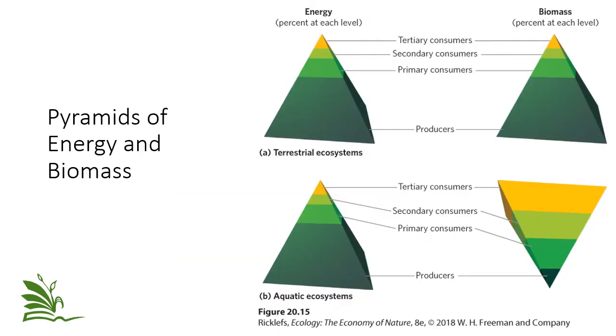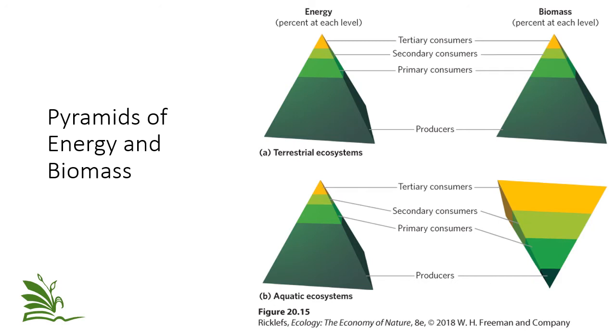So when these food pyramids are based on primary producers that have different rates of net primary productivity, then what we're going to see is that across ecosystems, we're going to see different shapes of energy pyramids and biomass pyramids.